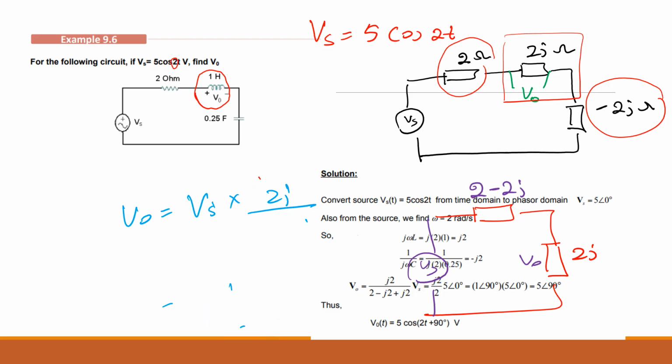Yes. What should I do? It is 2 minus 2j plus another 2j, isn't it? So Vs, and we have only 2j divided by 2, which is easier for us. Too easy now. So that will be just a j. Just a j. I'll delete this part.